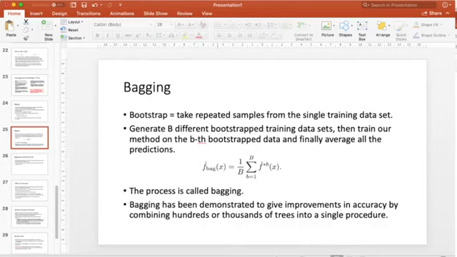So the formula is given by 1 over B, which shows that it takes the average of all the different bootstrap data sets that we have. And this whole process is called bagging. And bagging has been demonstrated to give improvements in accuracy by combining hundreds or thousands of trees into a single procedure.